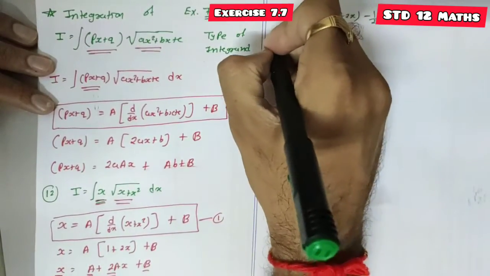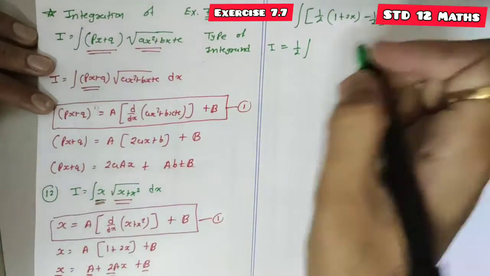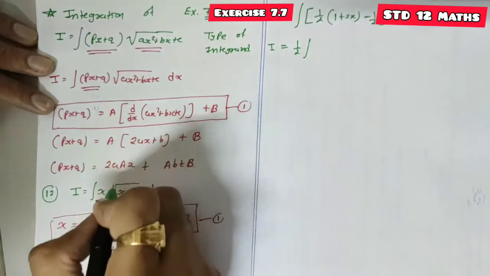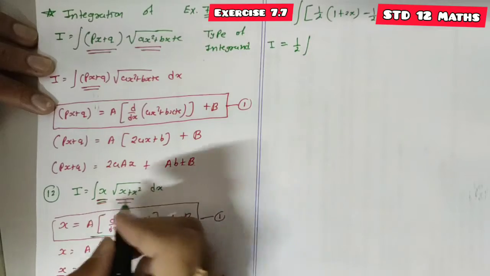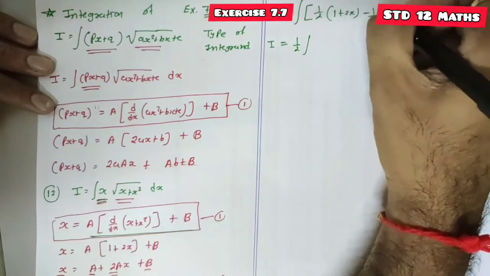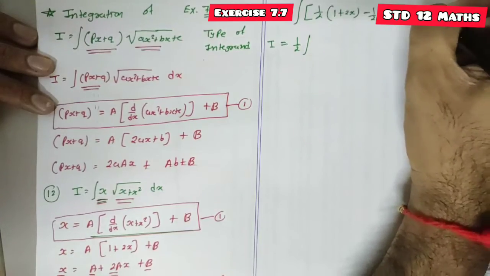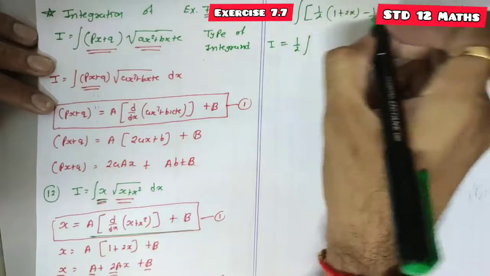So we are getting I equal to 1 by 2 constant, integration of, this is the replacement of x, and in multiplication it will come with the square root. So here this term into square root of x plus x square dx. Now separate this integration.